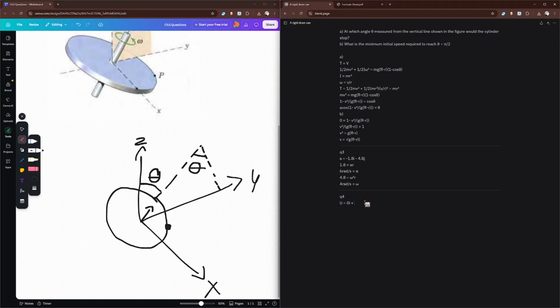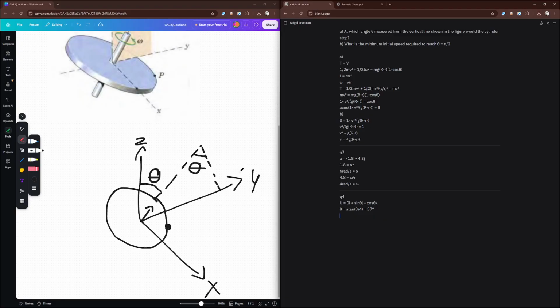Y is our opposite, so sine theta j, and then z is cosine theta, plus cosine theta k. To get theta, we're told that it's equal to the arctan of 3/4, which you can put into your calculator, and that gives you 37 degrees.